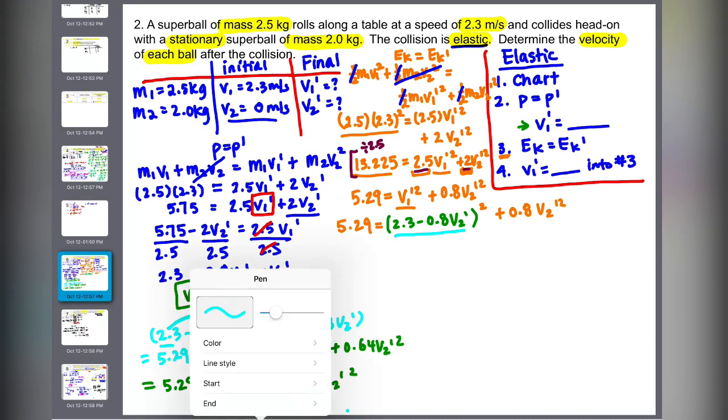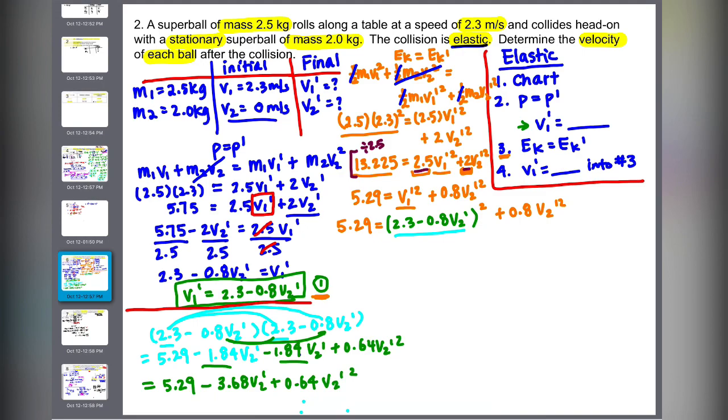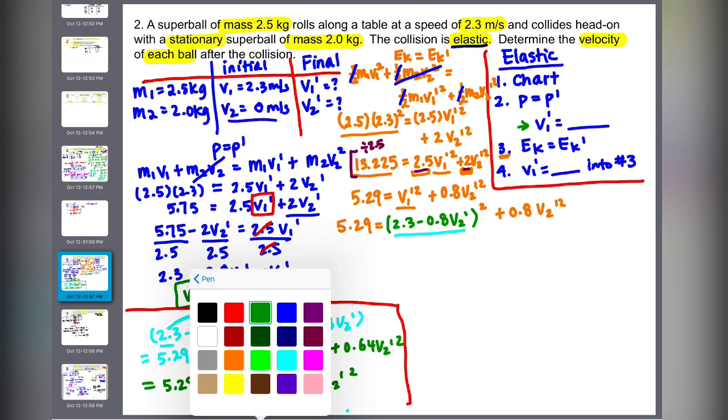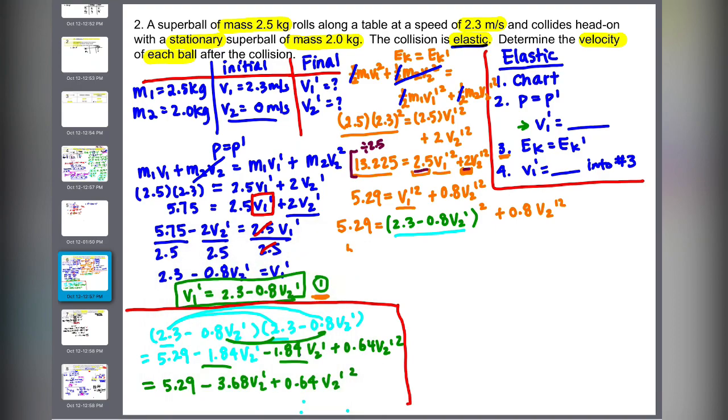I'm just going to draw a little box around it. Now I'm going to sub it into the original equation. So 5.29 is equal to 5.29 minus 3.68 v2 prime, plus 0.64 v2 prime square, plus 0.8 v2 prime square.